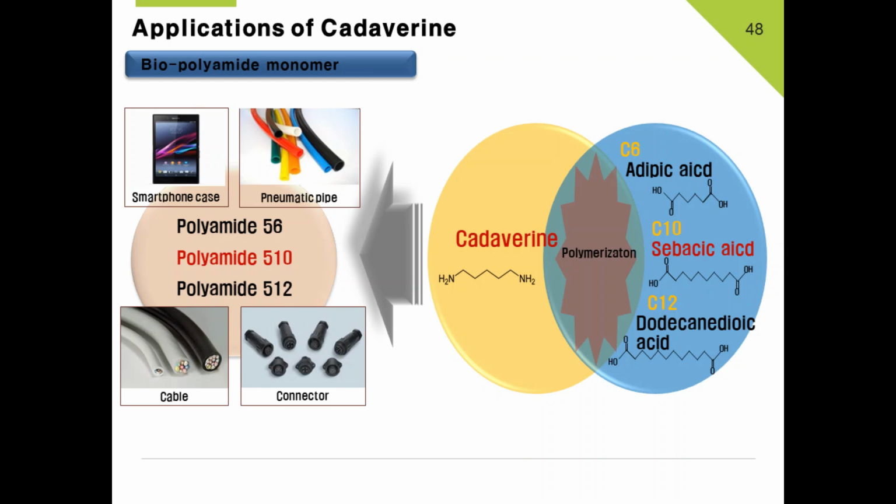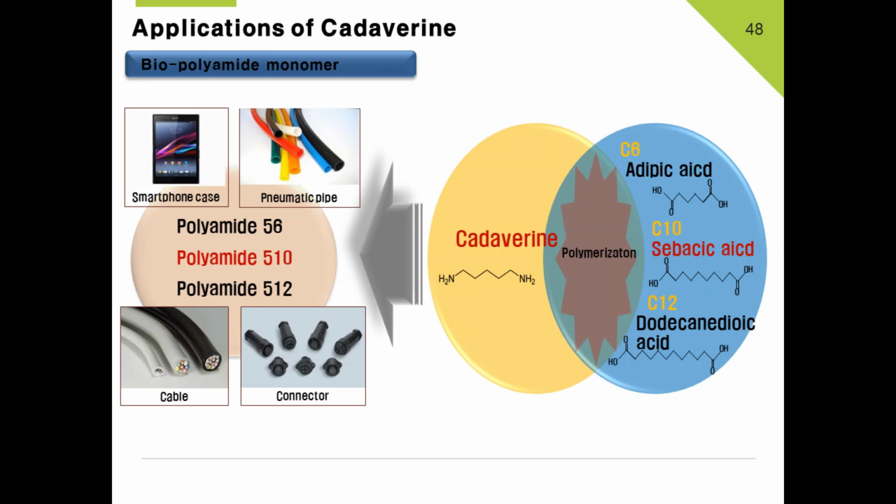These different chemicals, when polymerized with cadaverine, would produce different forms of polyamide 5,6, 5,10, and 5,12, which are used for these examples of applications.